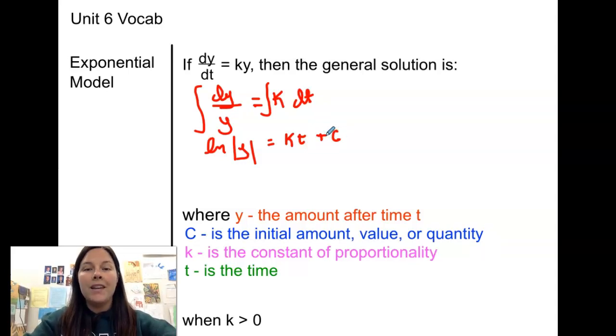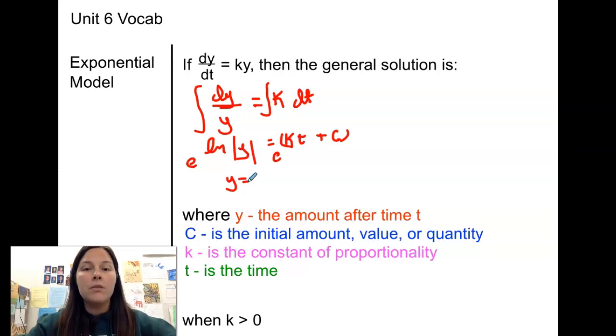Solving for y, in order to cancel the natural log, I'm going to use e. So basically, I'm taking each side, and e is becoming the base, and what was already there is becoming the exponent, or the power of e. So e and natural log cancel each other out, leaving me with y. And now I have e to the kt plus c power.